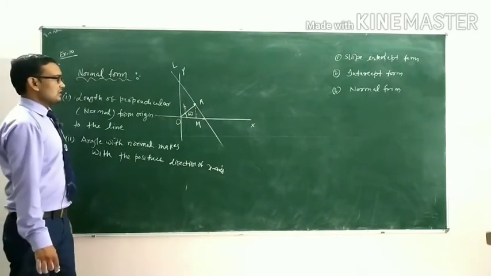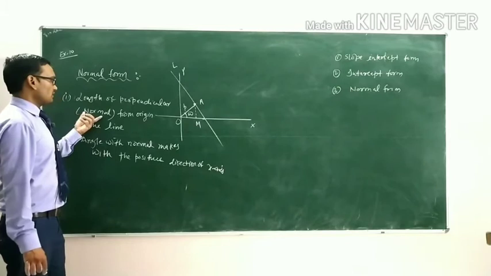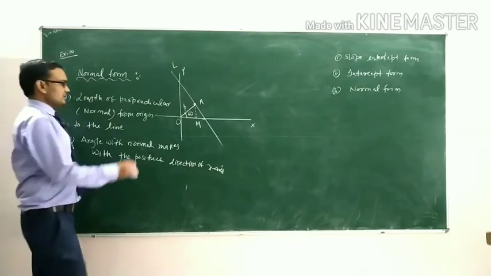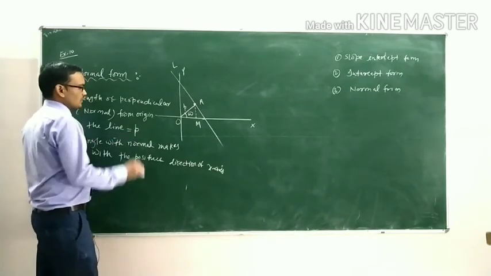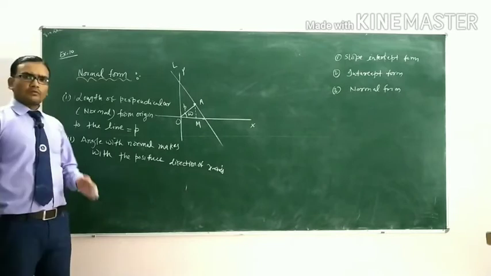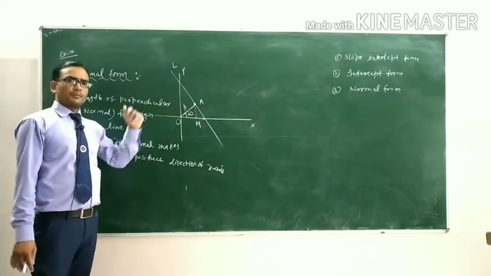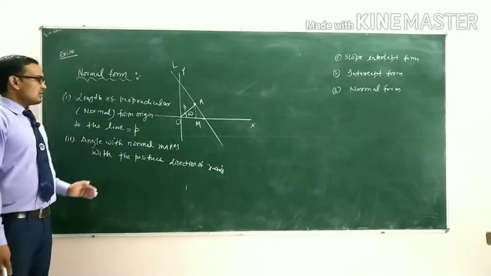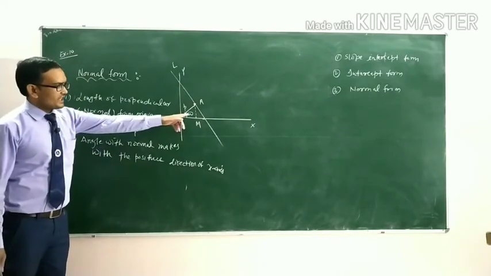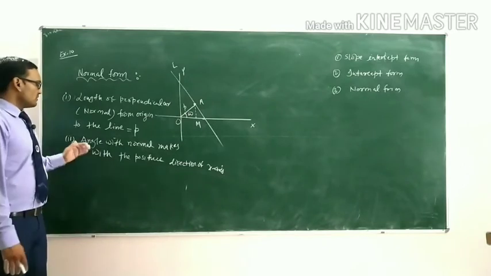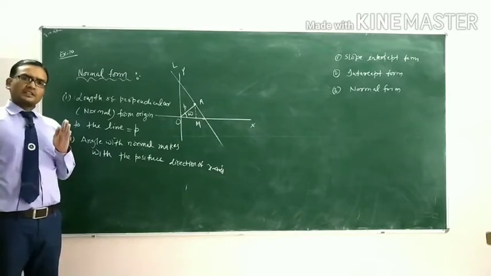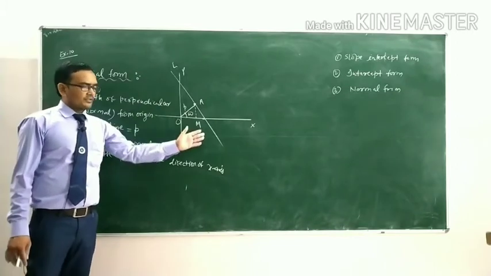Here the length of the perpendicular or normal OA from the origin to the line is P. We let the perpendicular distance from the origin to the line be P, and the normal OA makes the angle omega with the positive direction of the x axis. Then we find the equation of this line.